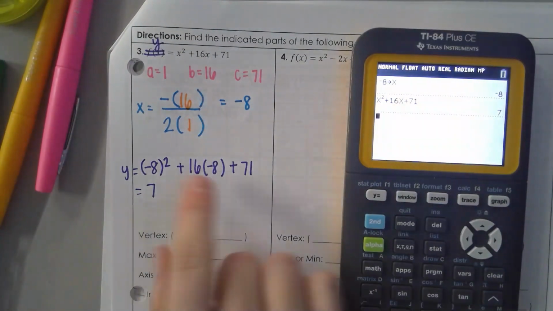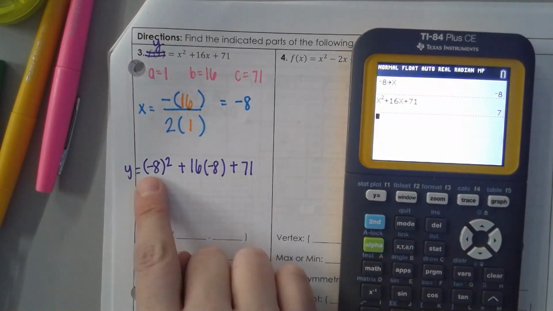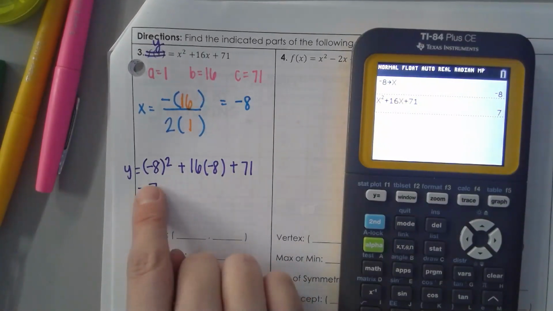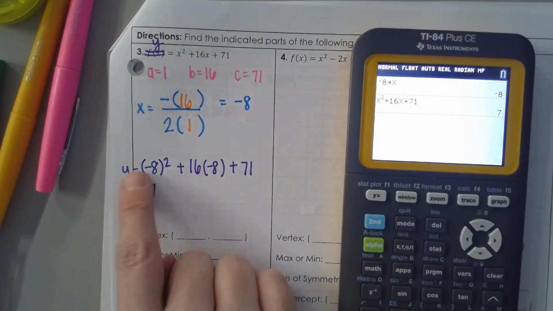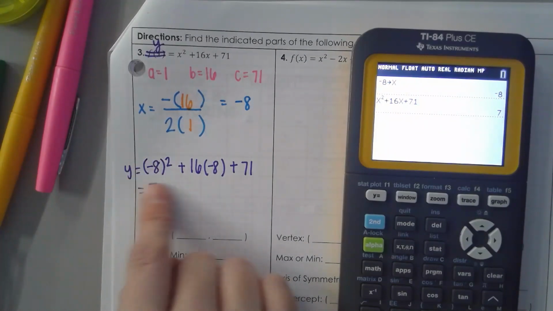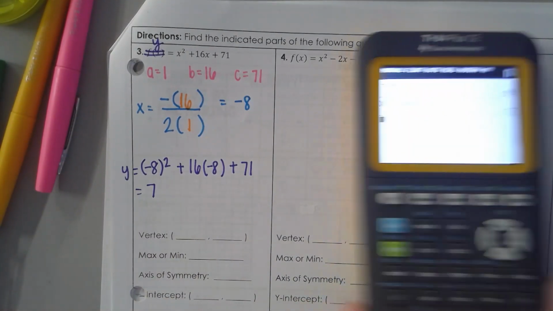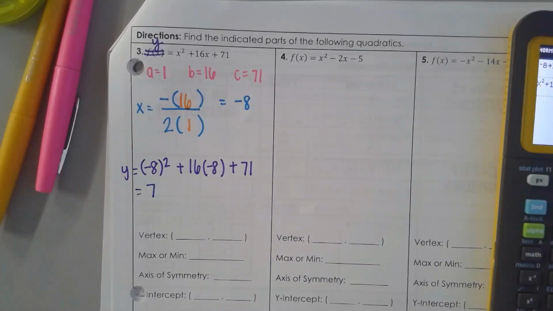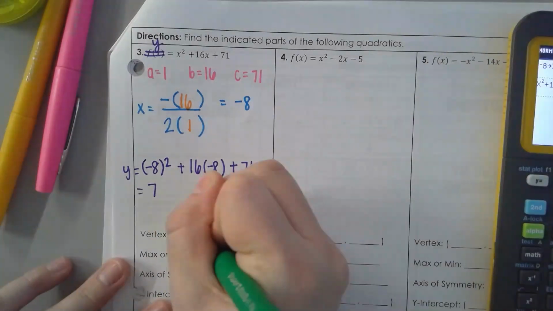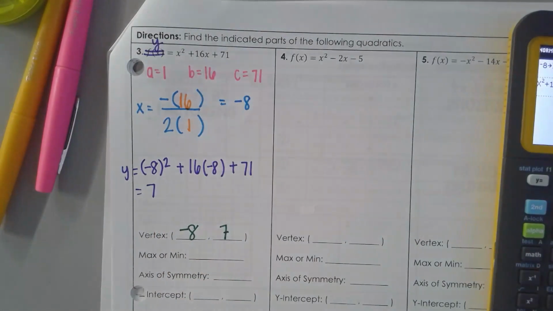If you tried to type this in without using the store button, a lot of people don't put these parentheses around the negative 8. And that's where you would get the wrong answer. So my vertex is at the point negative 8, 7.